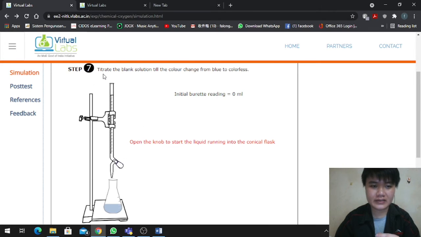Step 7. Titrate the blank solution till the color changes from blue to colorless. Initial burette reading is 0 ml. Open the knob to start the liquid running into the conical flask.